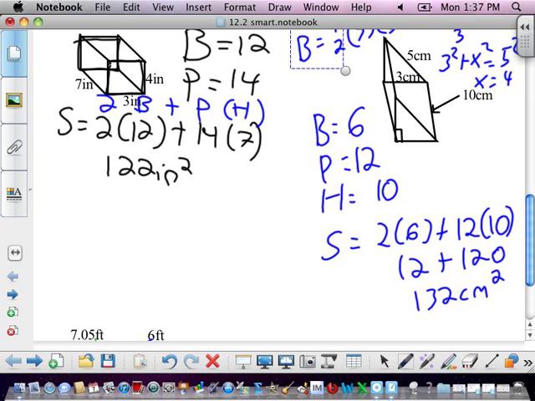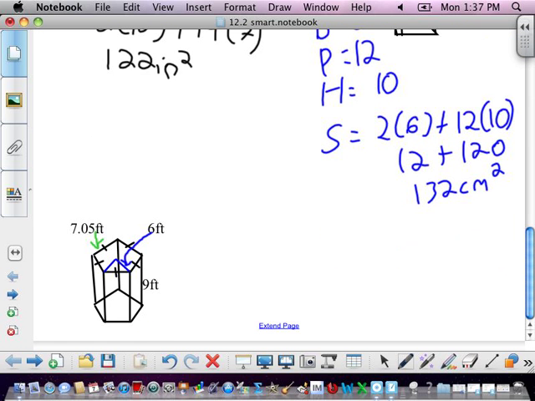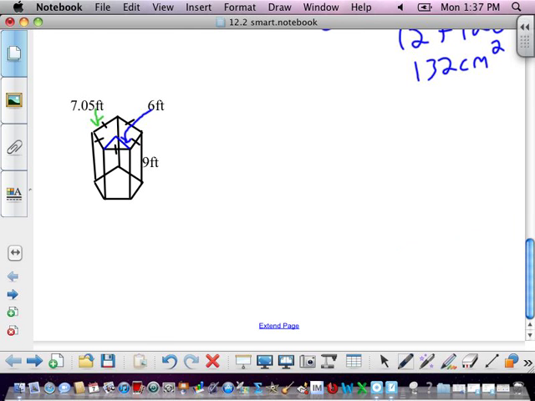All right, now we're going to find the surface area of this very confusing one. Yeah, that is. There should be a line on the bottom of yours. This is a pentagon prism. So, how do we find the area of a pentagon? This is the hard part.